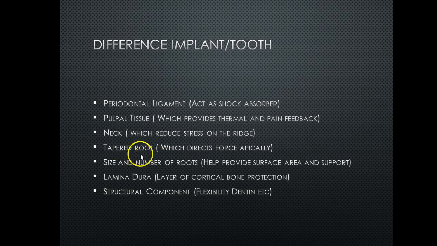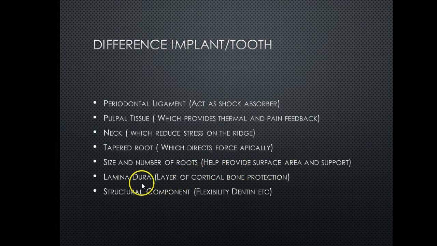Same thing with the roots, because they are directed and conical and go apically down, so the forces from the occlusion pass down to the roots. The size and the number of roots help provide surface area and support. So the more roots you have, the more surface area you will have, and there'll be good support for the teeth.